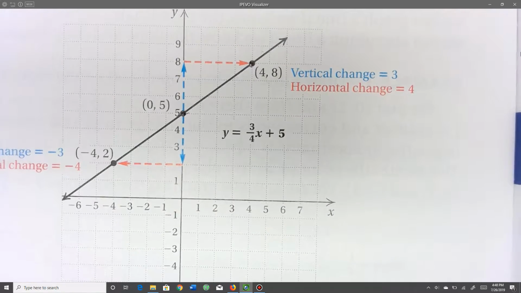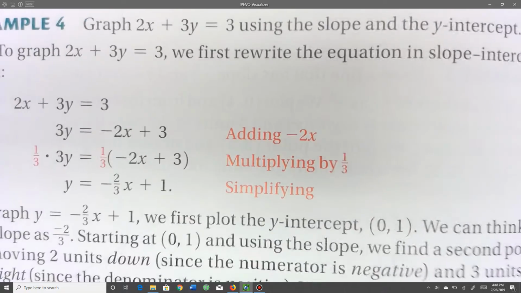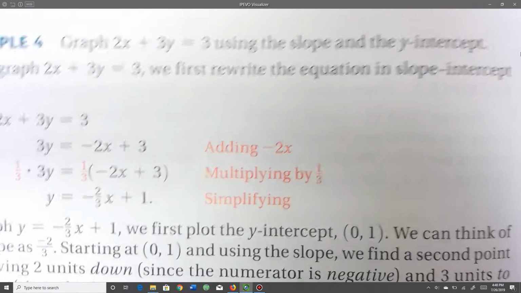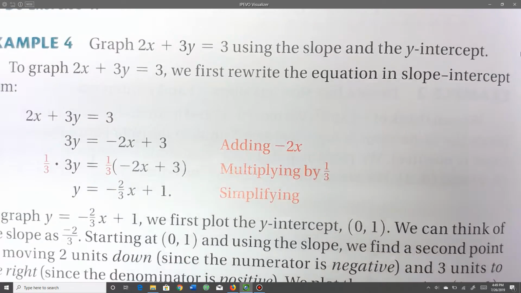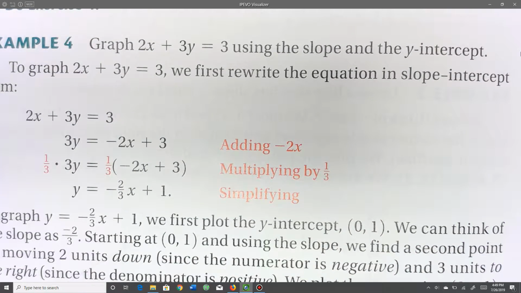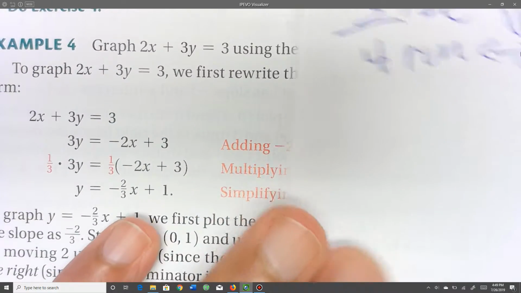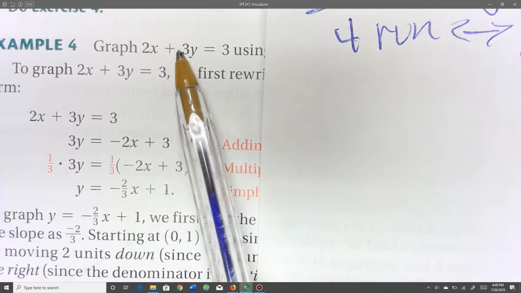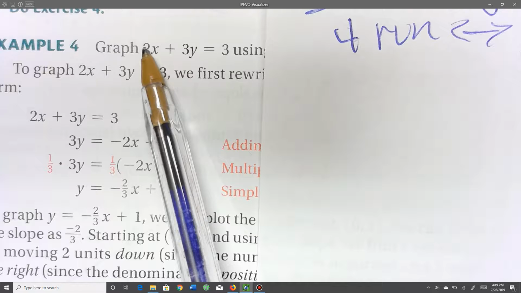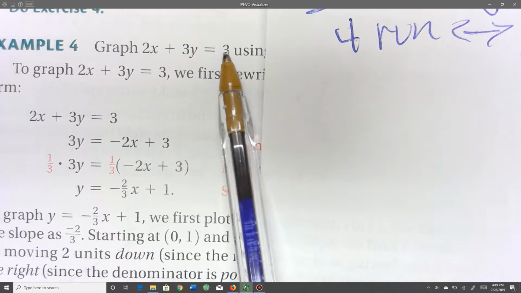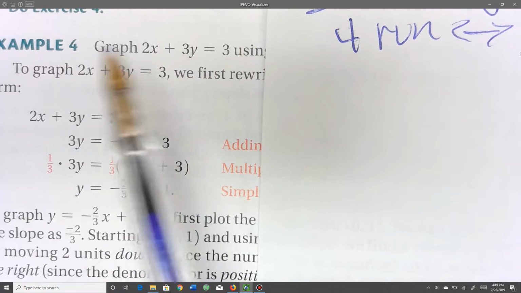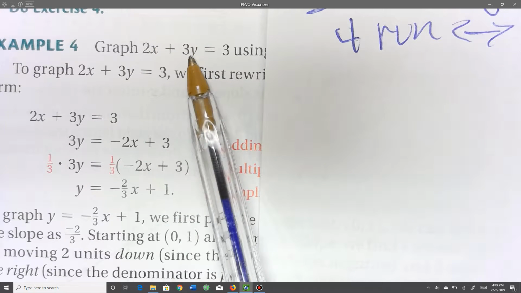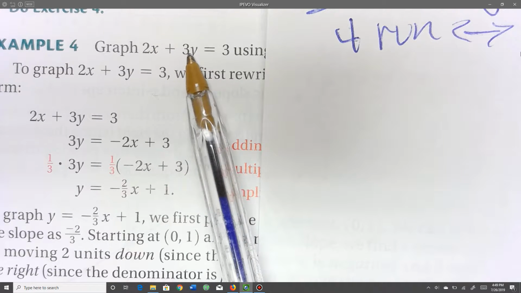All right, let's move on. For this equation, notice that this is not the right slope, and, well, it is the right y-intercept, but it still is not the right slope, because this is not in slope-intercept form.